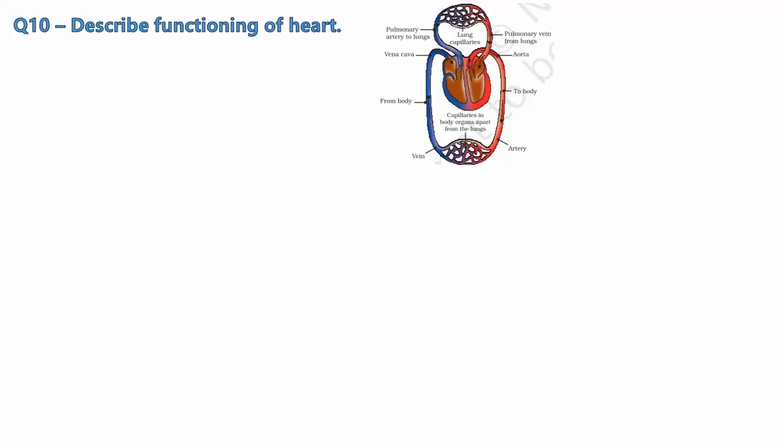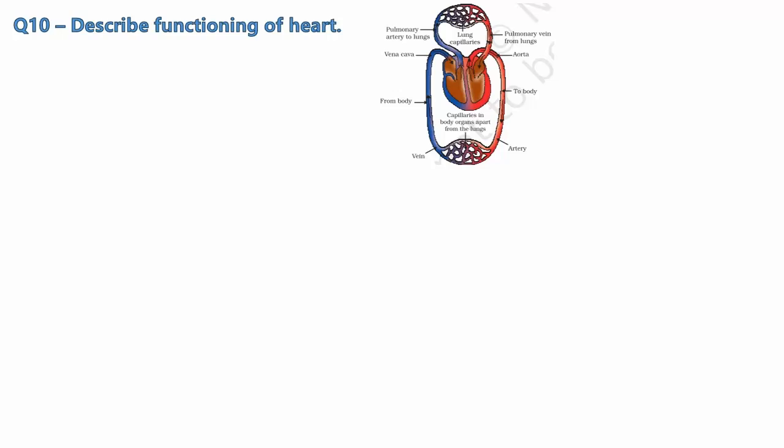The heart has 4 chambers: 2 left chambers and 2 right chambers. The left chamber at the top is called the left atrium. The left chamber at the bottom is called the left ventricle. Similarly, on the right, the top chamber is called the right atrium, and the bottom chamber is called the right ventricle.